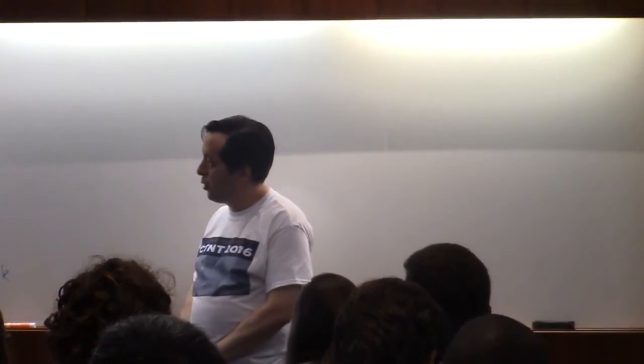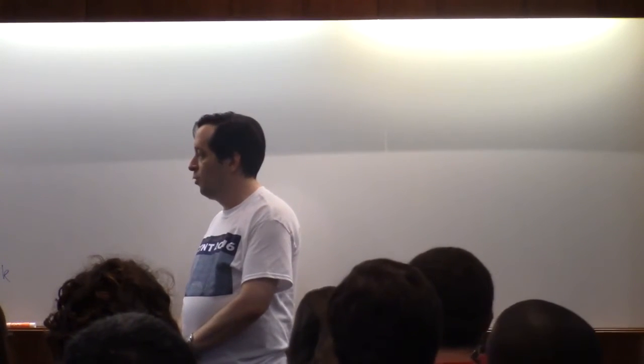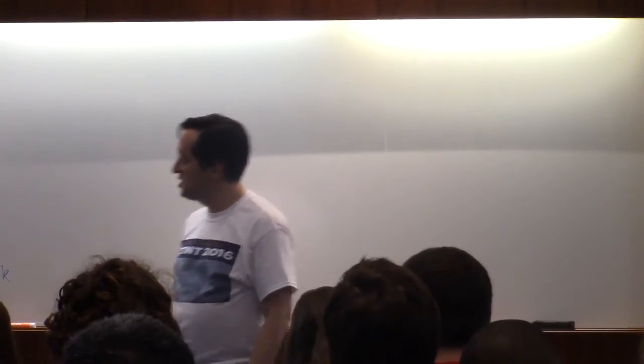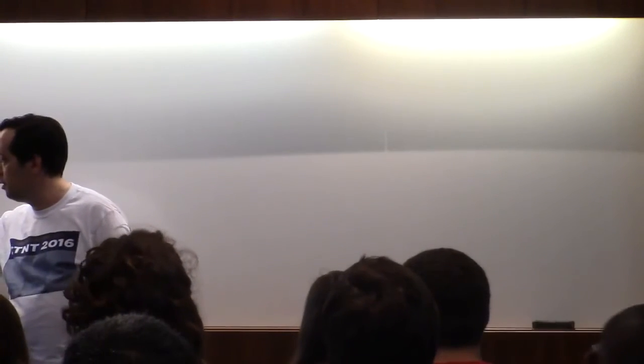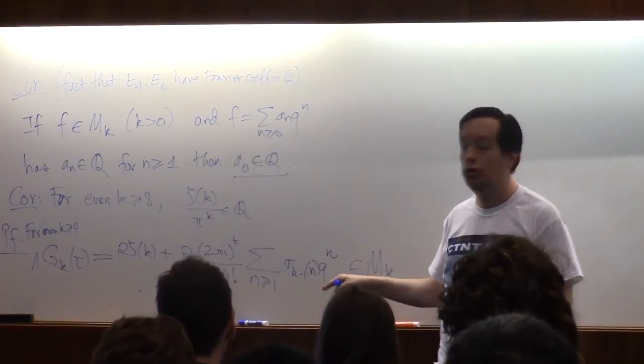And now, rather than normalize this by using our knowledge of a formula, Euler's formula for zeta of even numbers, and dividing by the constant term, let's instead divide through by this number to normalize this so the coefficient of q is 1. Okay?